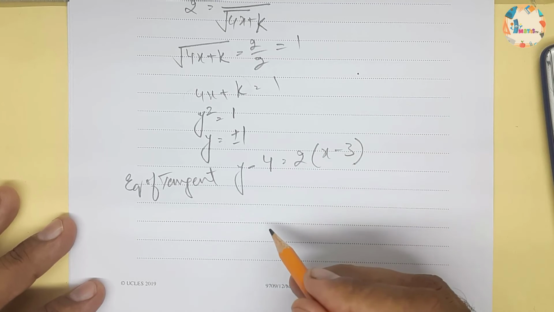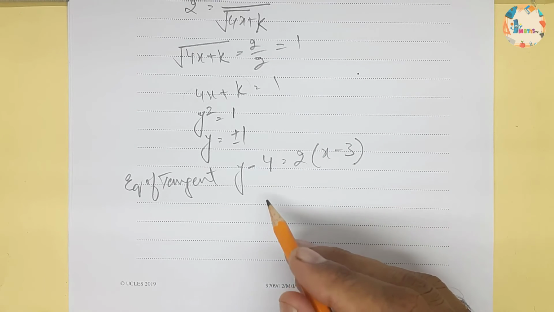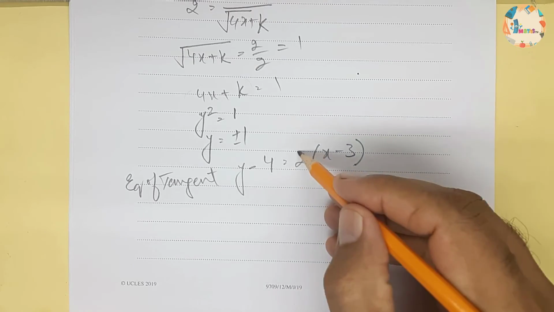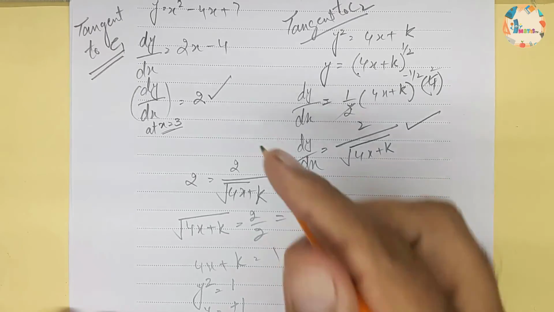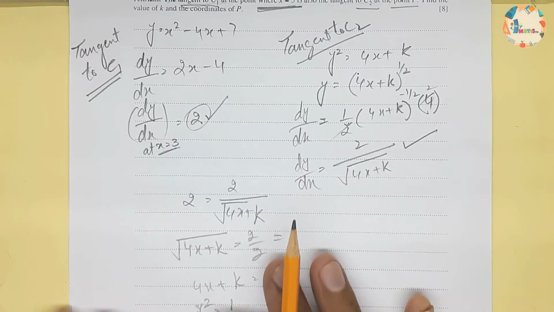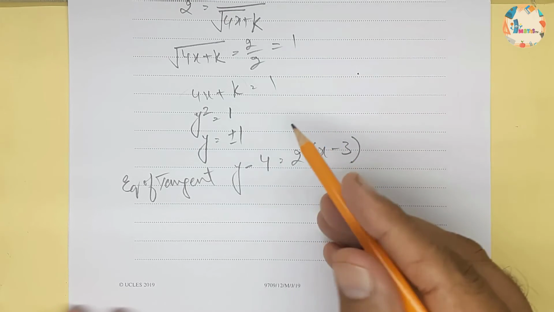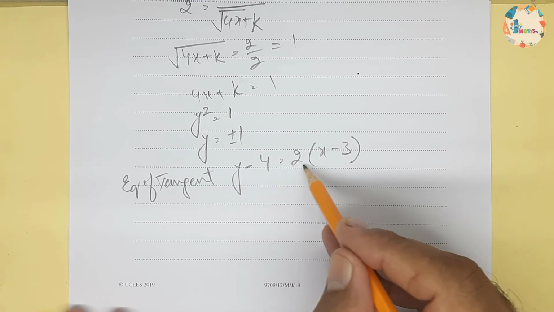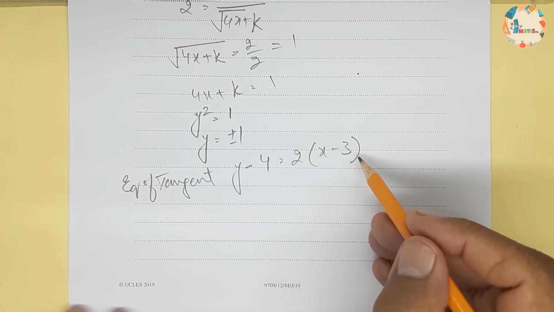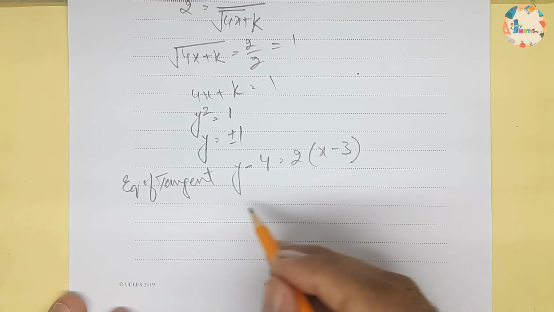This will be our equation of tangent. So how did we get this equation of tangent? Basically, the gradient we already found as 2, and x is equal to 3. If we replace x equal to 3 in this equation, we get the y value as 4. So we have taken y minus y1 is equal to m into (x minus x1). After this, we will just simplify this equation.